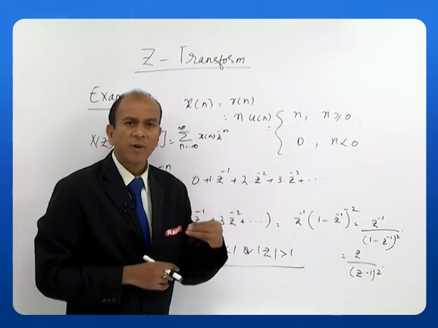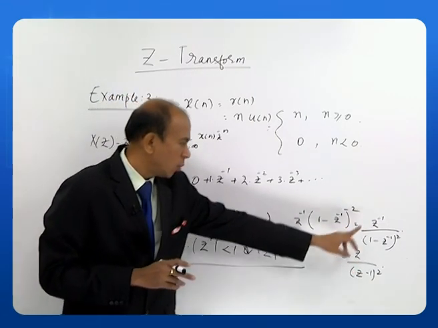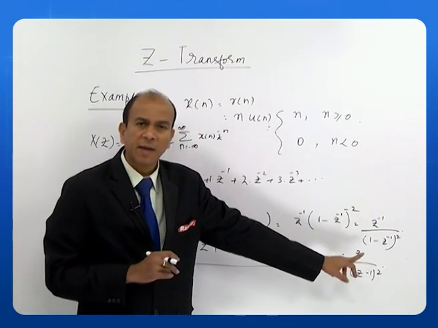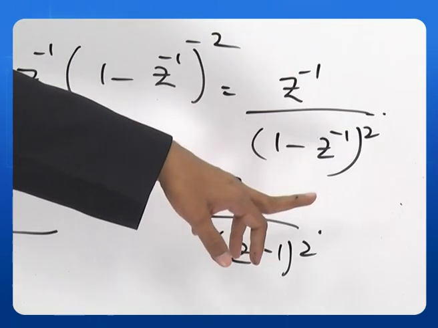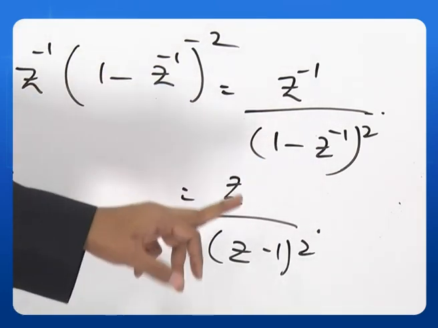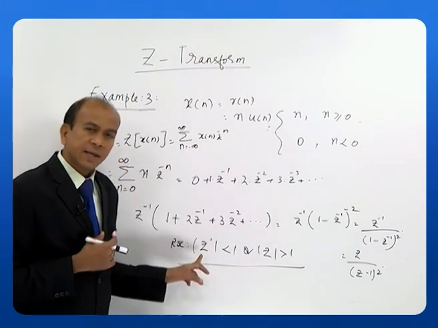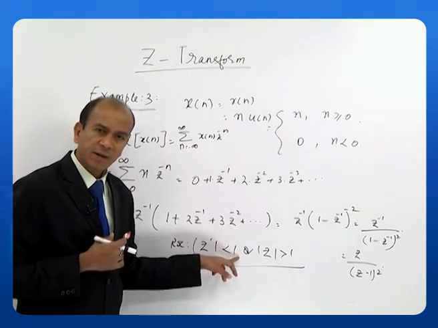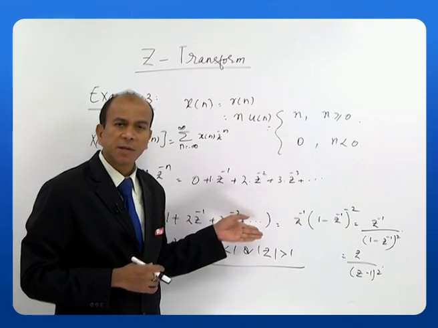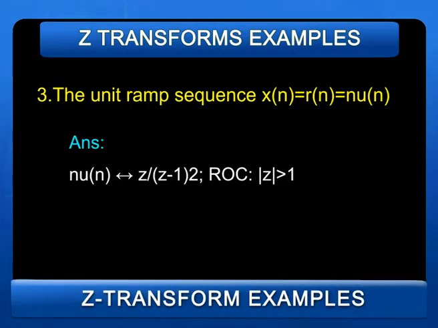So, a ramp function has a z transform equal to z to the power of minus 1 by 1 minus z to the power of minus 1 whole square, that is equal to z by z minus 1 whole square, and the ROC for such a function is mod z to the power of minus 1 less than 1, or in other words mod z greater than 1. So, this is the ROC of a ramp function in the time domain converted into a z transform, existing for mod z greater than 1.